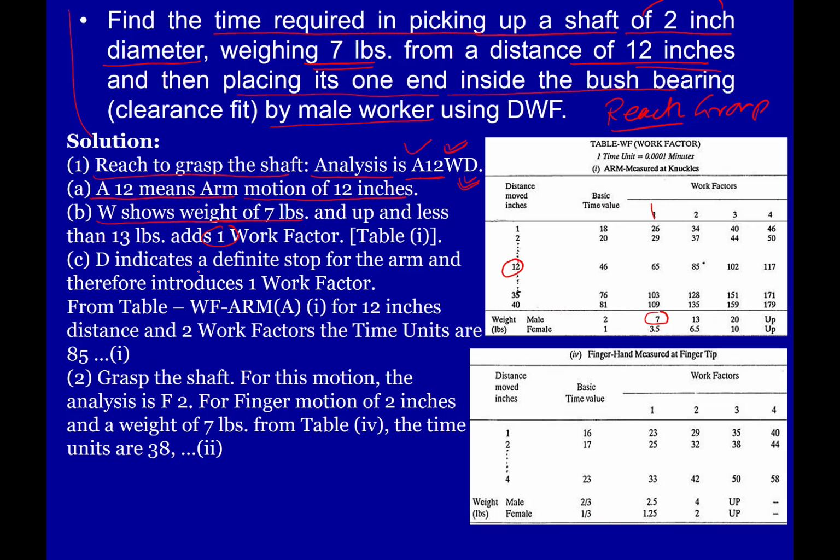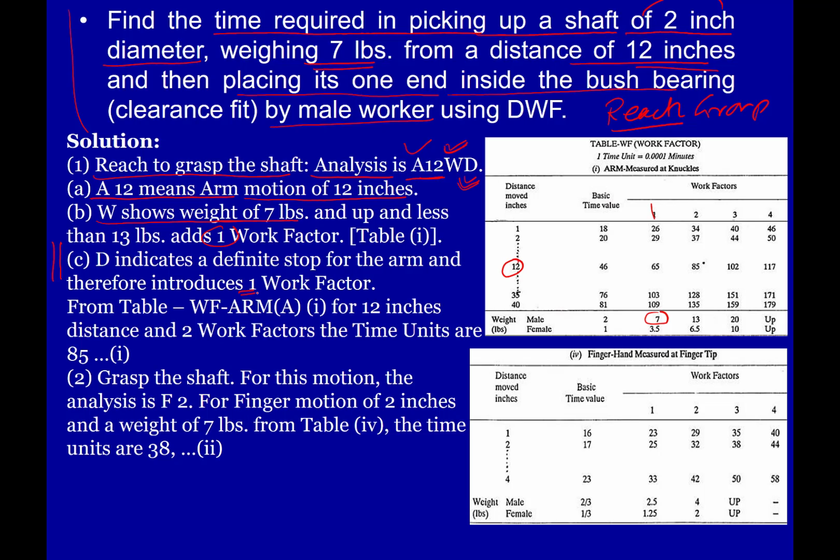So D, definite stop, is at the shaft. The D indicates the definite stop of the arm at the shaft. So this will add one more. This is the motion control involved, or the degree of difficulty in performing the job, a definite stop. So this will add one work factor.